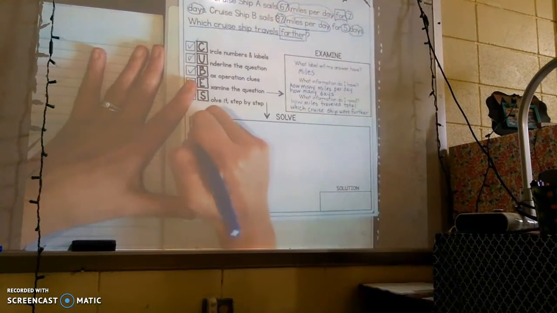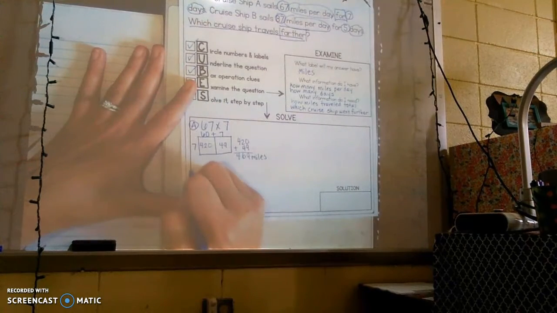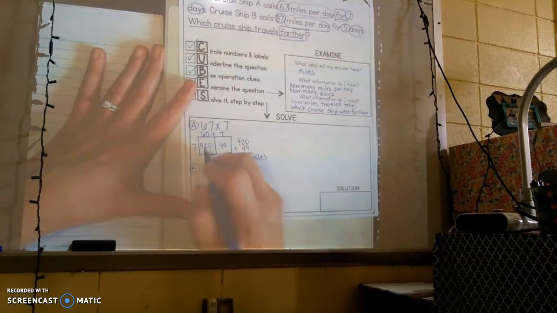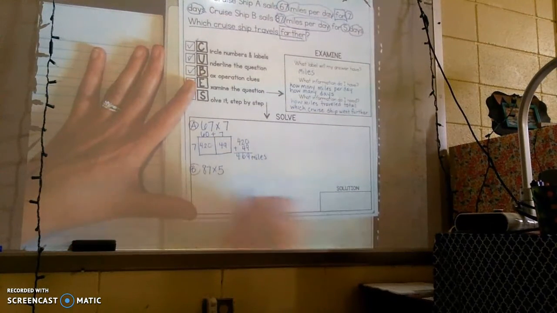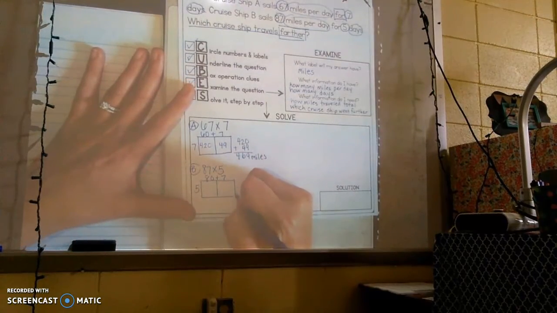This is cruise ship A. I'm going to put an A out to the side here. Cruise ship B traveled 87 miles in 5 days. I'm going to do another little area model. You can do any multiplication strategy you want. If you want to do standard algorithm, that's fine. If you'd rather do area model like you learned last year that I'm doing, that's also fine.